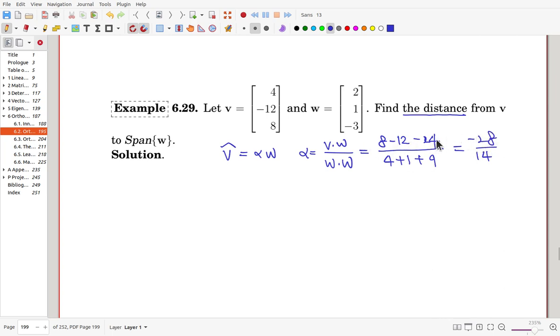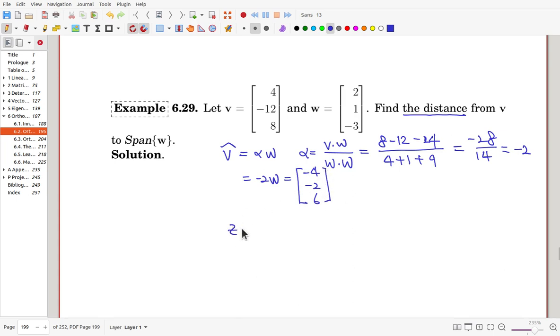So here we have minus 2. So here v hat is minus 2 times w, which is now minus 4 and minus 2 and 6.